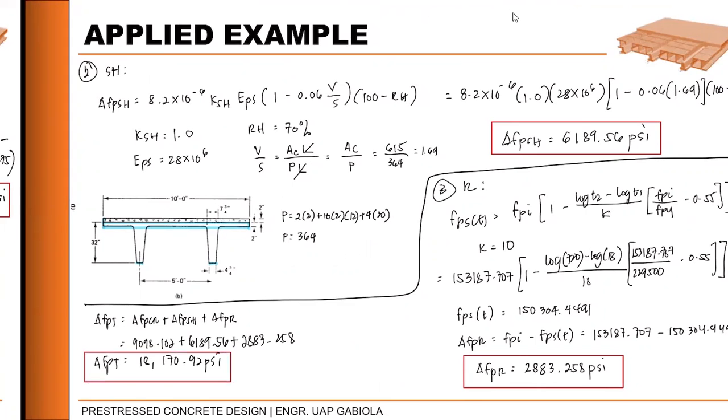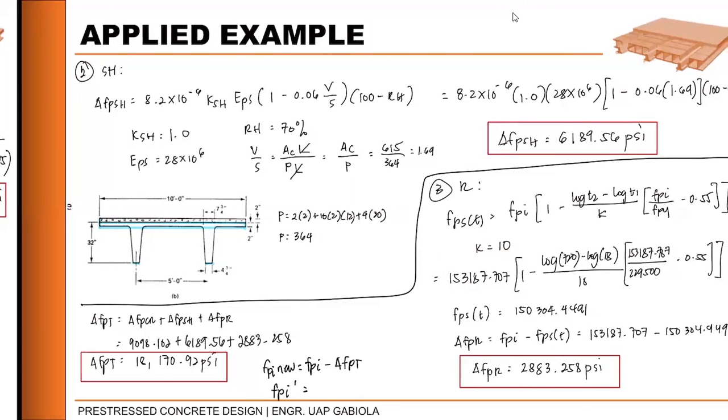Okay? So, ang ating FPI new bago ngayon will be yung FPI natin minus itong FPT na to. So, FPI, lagyan ko na lang ng prime, no? Yung value natin, so 153,187.707 minus yung ating 18,000 yung na-calculate natin.